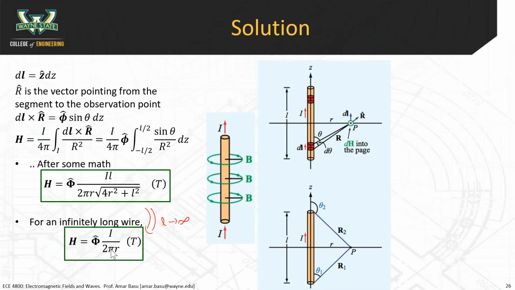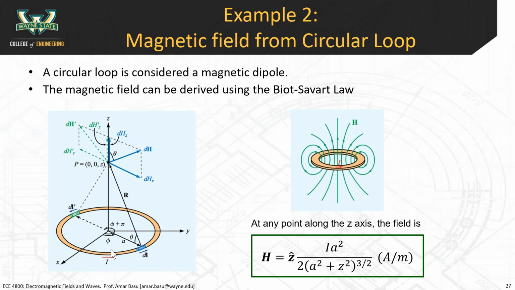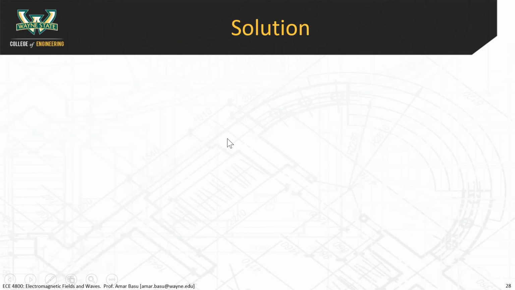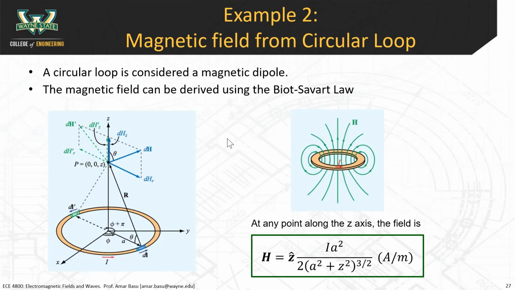The second example that we'll do here is for a circular loop. We're running out of time, we have about 20 minutes left in the class, so this may also be one that I will just set up for you, and then you can try to do the math on your own.